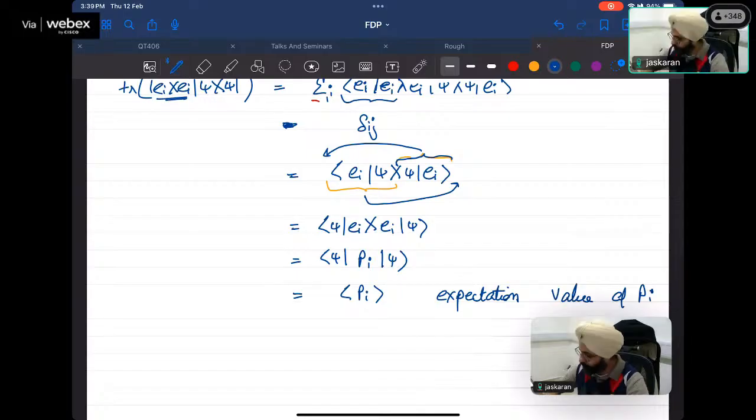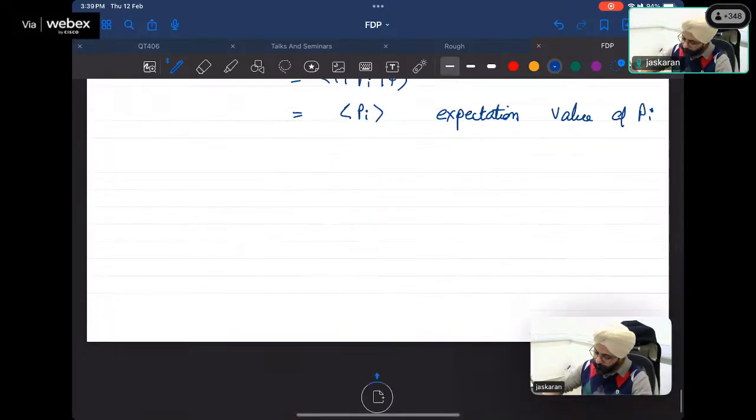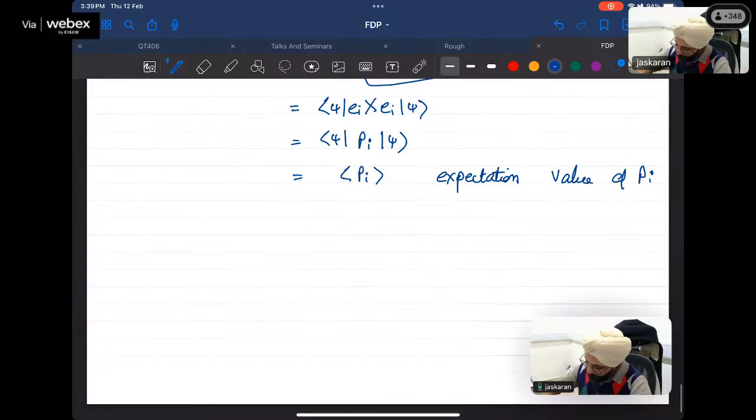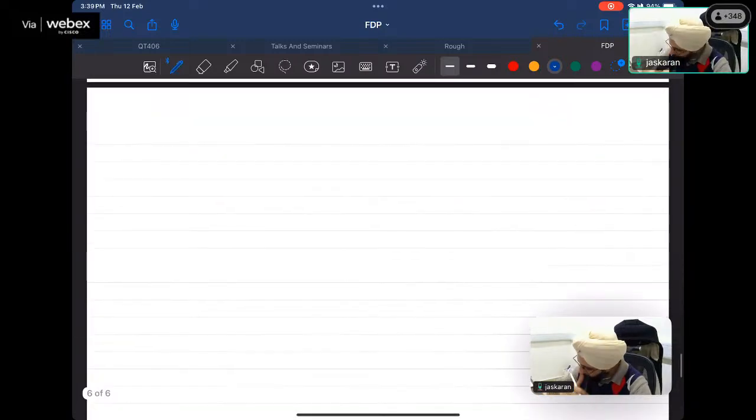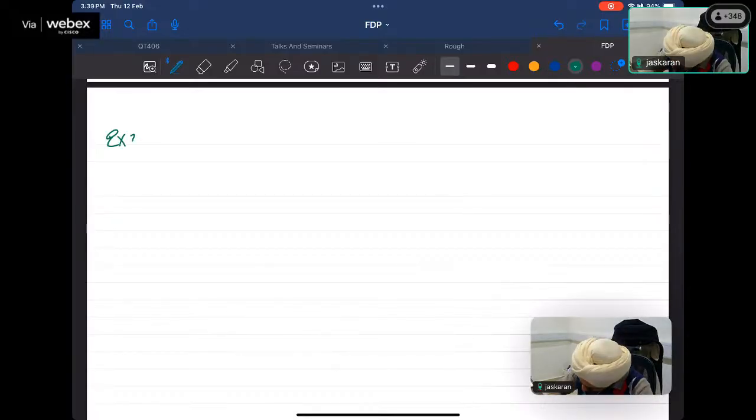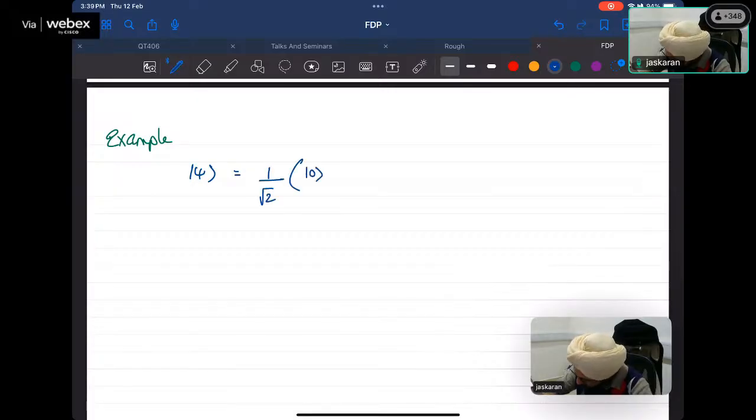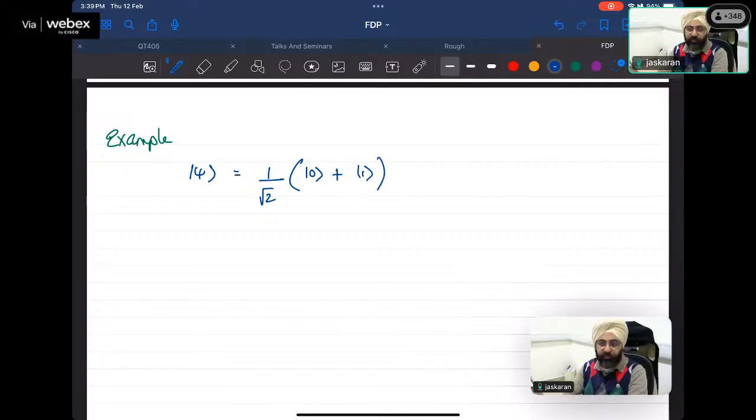So let us take a few examples of how the quantum measurements work. Let us take an example where the initial quantum state is ket psi equal to 1 by root 2, ket 0 plus ket 1. So this quantum state is an equal superposition of ket 0 and ket 1.